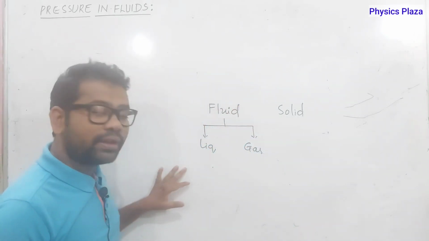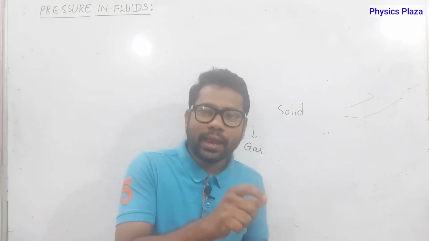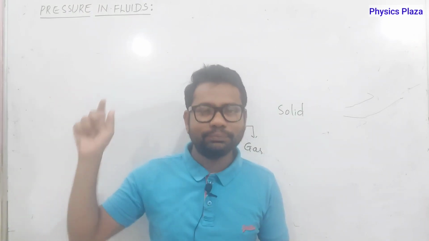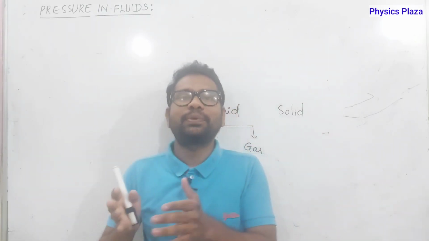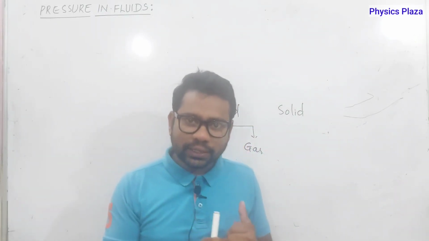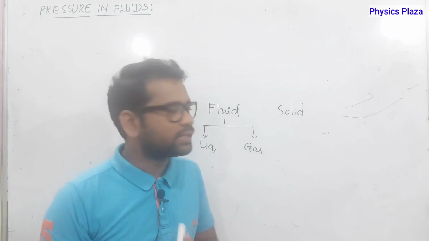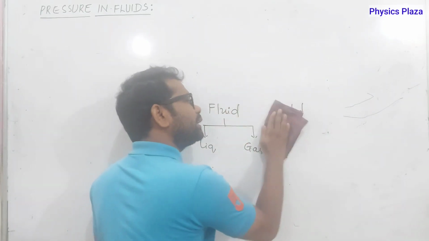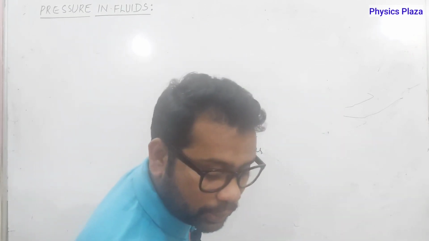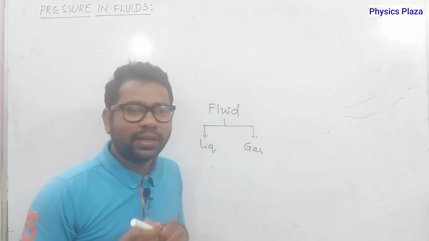Now, in today's topic, we will be discussing: can a fluid exert pressure? If so, in how many directions can it exert pressure? Before that, let us discuss one more point regarding solids. In the last class, we discussed that solids can exert pressure. Yes, but in how many directions? Let us see, children.